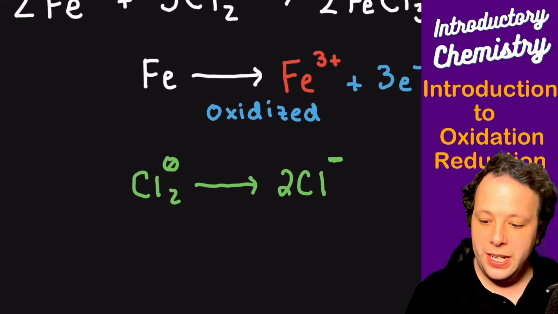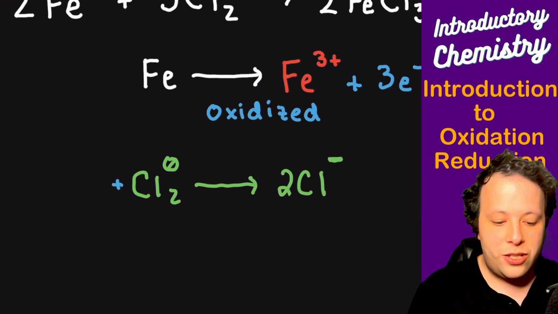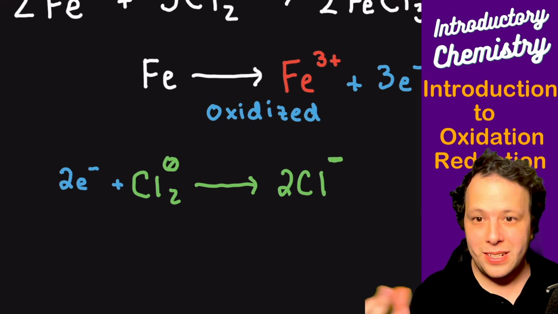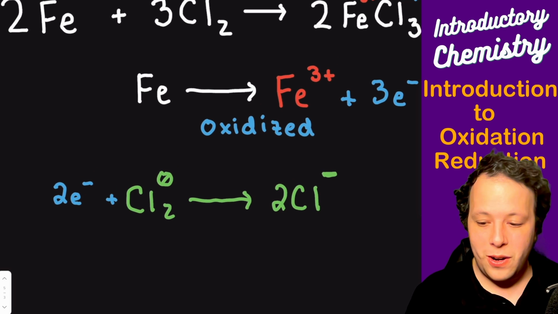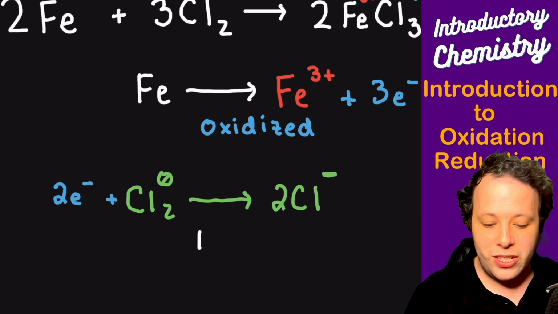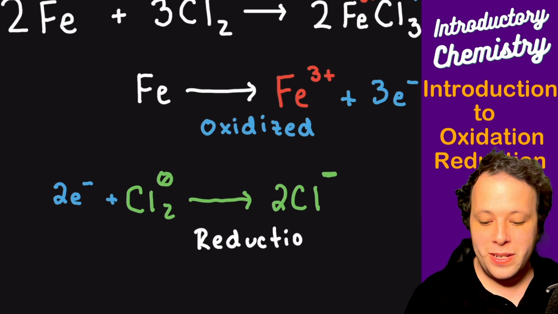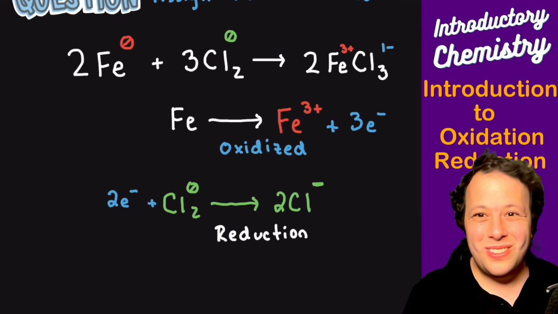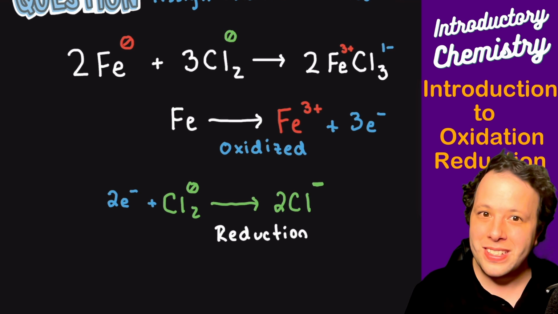We will have a total of 2 electrons that have to be gained to balance out the overall 2 minus charge on the right. So we have our oxidation and reduction process: we're gaining electrons on the bottom and losing electrons on the top. That's one of the ideas when we're writing our half reactions.